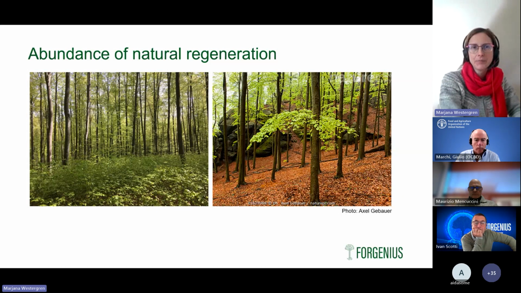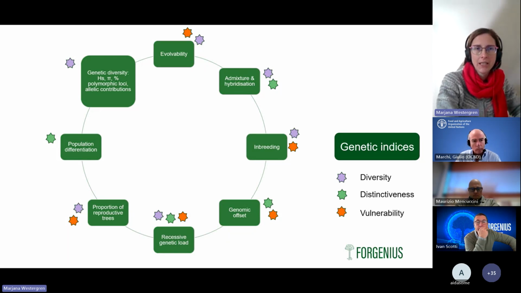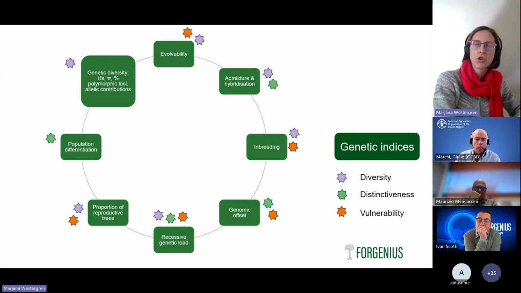Then the third group of indicators are genetic indicators. Here you can see that all the indicators are tagged by one or the other of these categories: diversity, distinctiveness, and vulnerability. And to genetic indicators belong several indicators of genetic diversity, then we have population differentiation, recessive genetic load, genomic offset, inbreeding, admixture and hybridization indexes, proportion of reproductive trees, and evolvability.